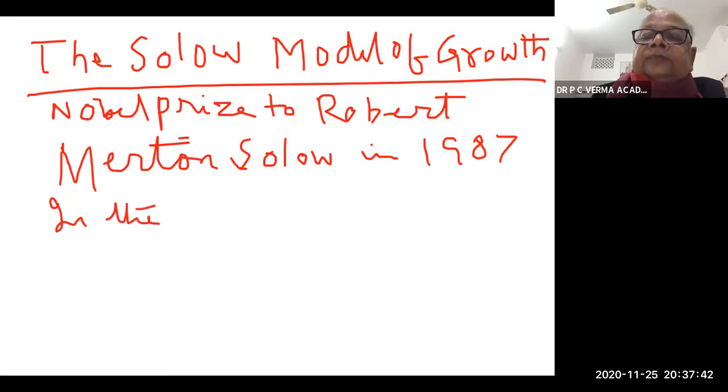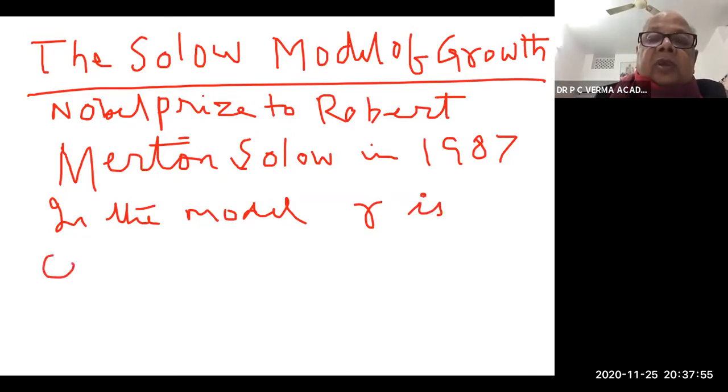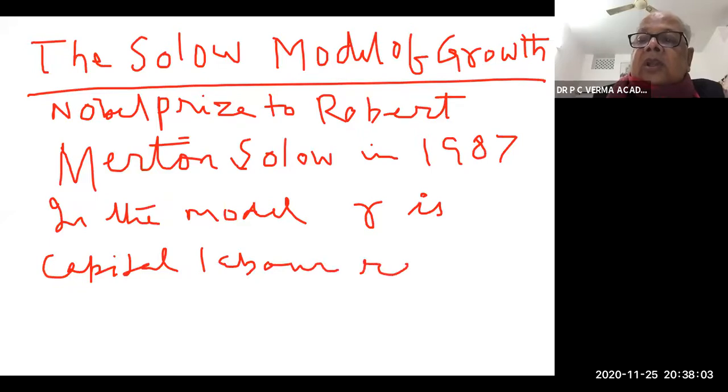In the model, R is capital labor ratio. R is capital labor ratio.